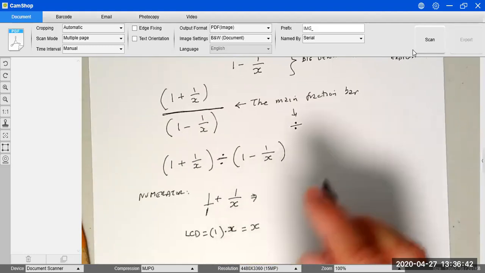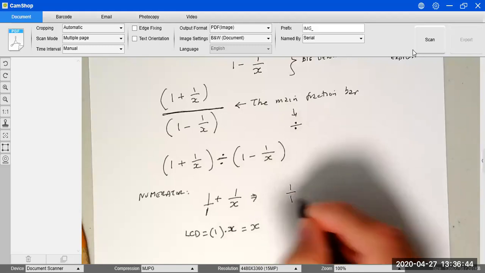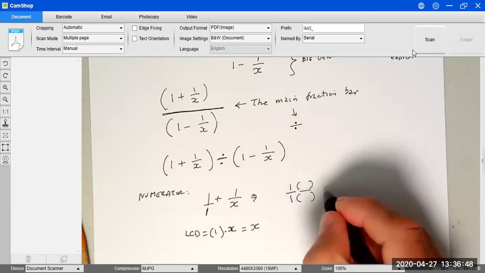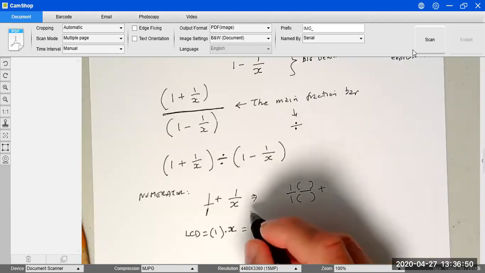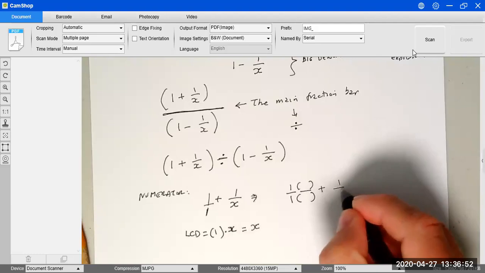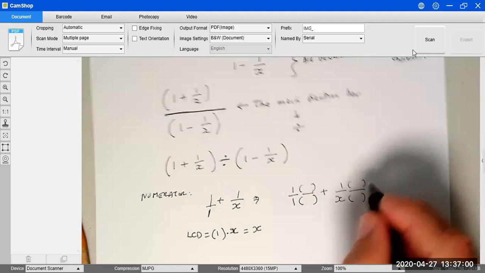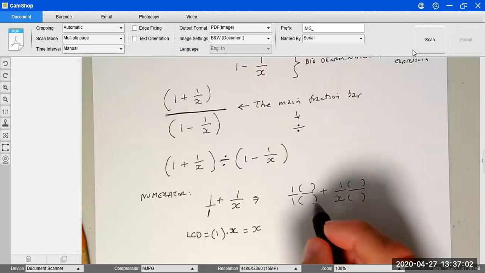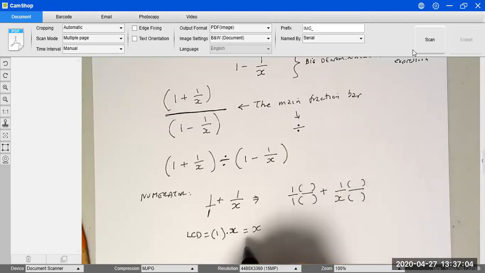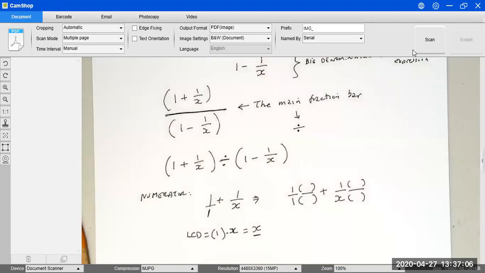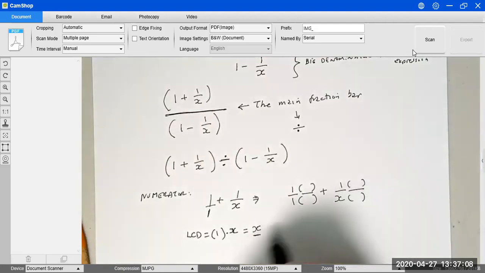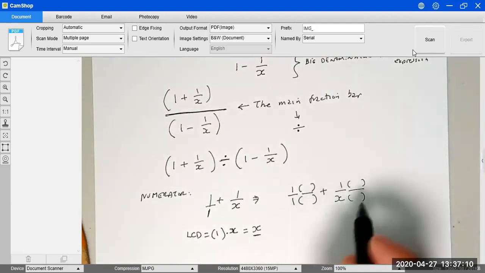So we're going to write this. Remember, we have 1 over 1. We're going to multiply both the numerator and the denominator of the first fraction, and also both the numerator and the denominator of the second fraction, by something. In the first case, I need to get at the end of the day the least common denominator in every denominator.